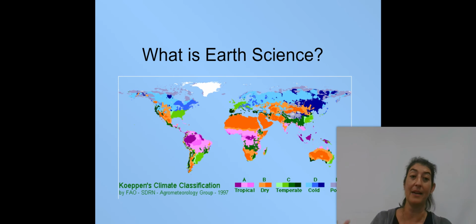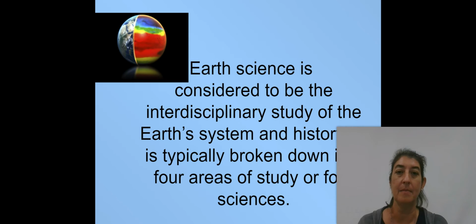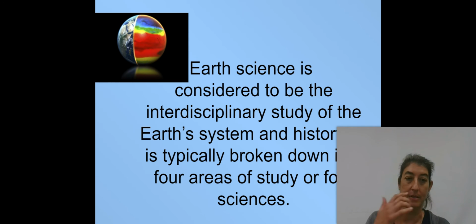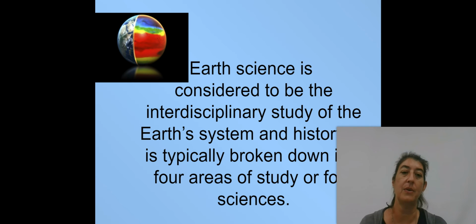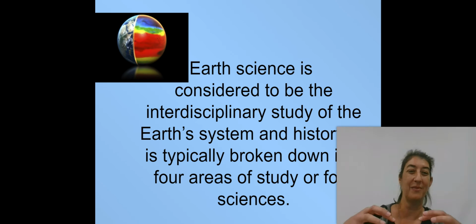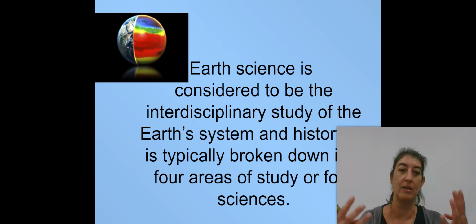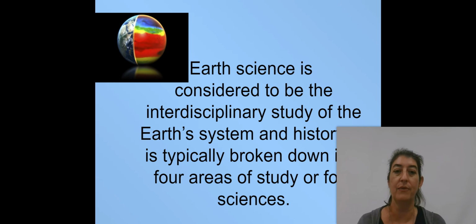In terms of what we're going to actually be studying, earth science is typically described as an interdisciplinary study of the Earth system. It also deals with the Earth's history, and so we break that application of different sciences to the Earth system down into four main branches of Earth science.